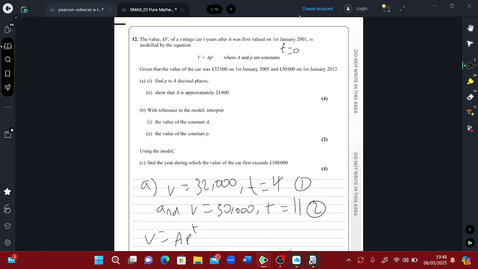Just think about it. Usually with this, you want to consider what the initial value is. So when t is 0, V would be A P to the 0, which would just be A. So actually, A is the initial value of the car.